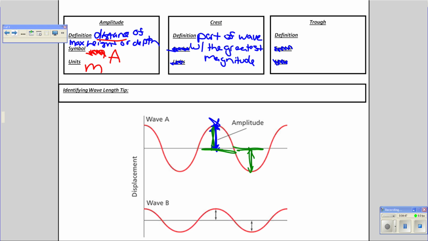Now when I say that, that is this point right here, and this point right here, and this point right here are all crests. Okay, highest above the reference point, greatest magnitude.